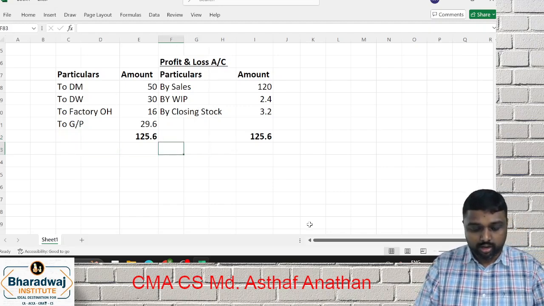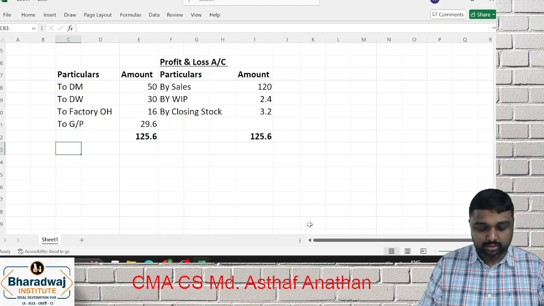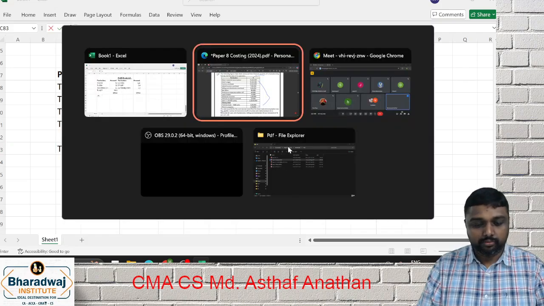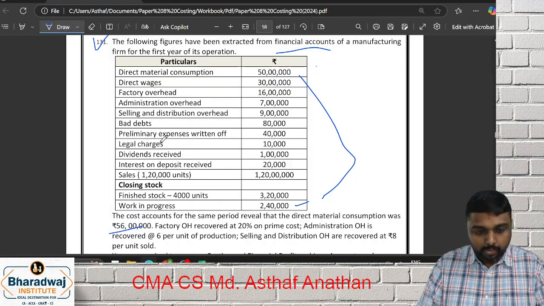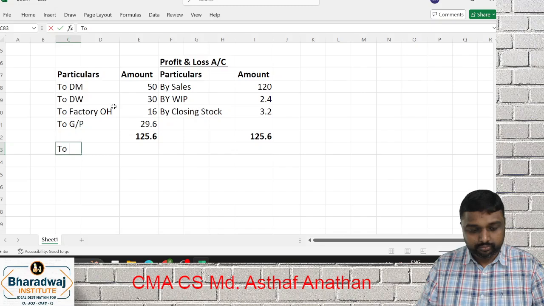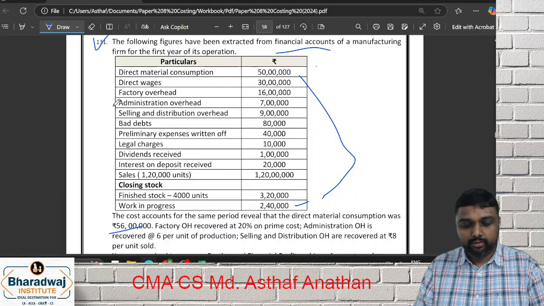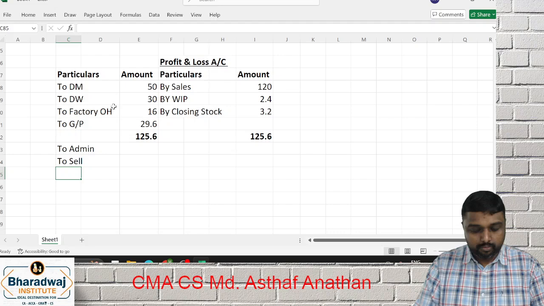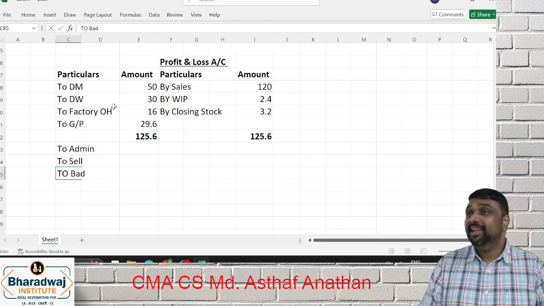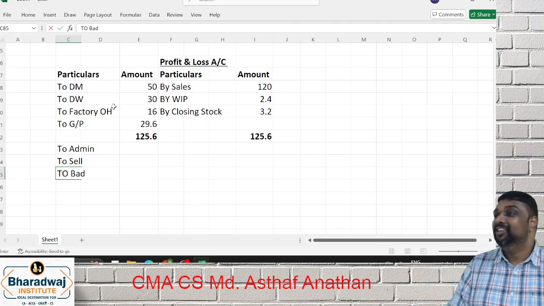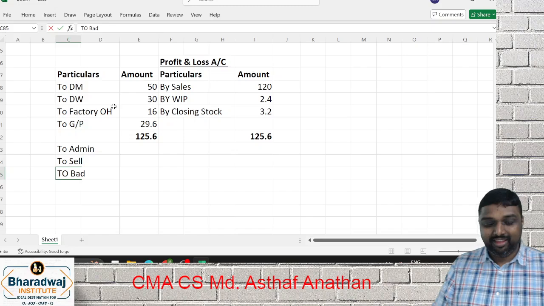Now what can you do here? All the expenses. What are all the expenses we have? Admin overhead. We have what? Selling overhead. We have what? Bad debt. See, very easy. They have already given the items. We just want to classify the columns only.